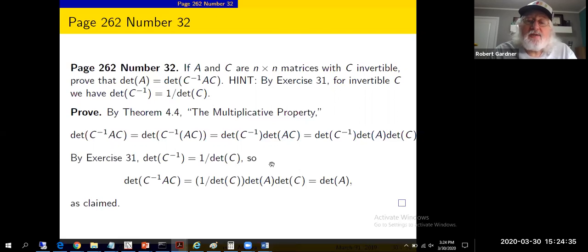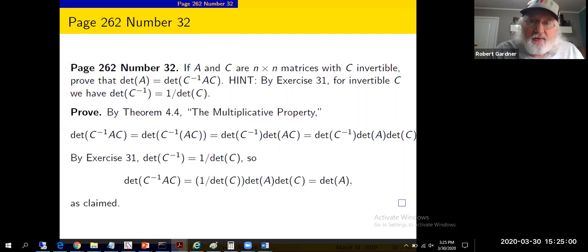We're dividing by the determinant of C and multiplying by the determinant of C. The determinant of C is not 0, is it? No, we said C is invertible, so its determinant is nonzero from the theorem stated previously. So we can cancel those, and we're left with the determinant of A. And there's your claim: the determinant of C inverse AC equals the determinant of A.